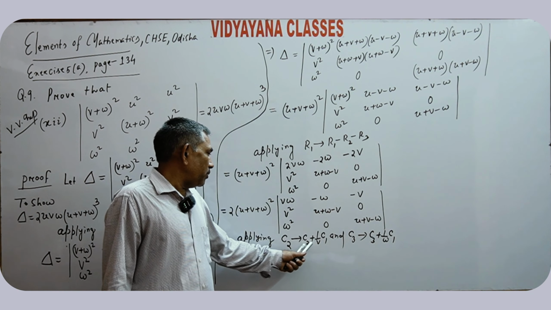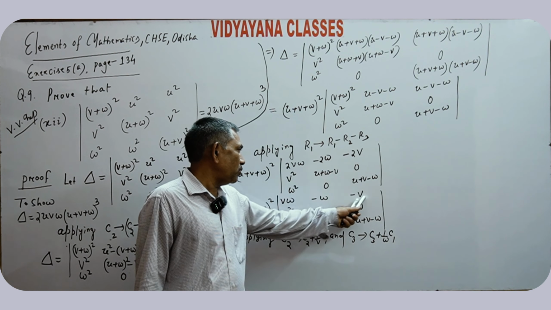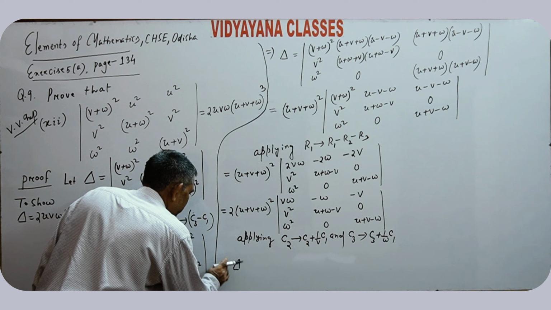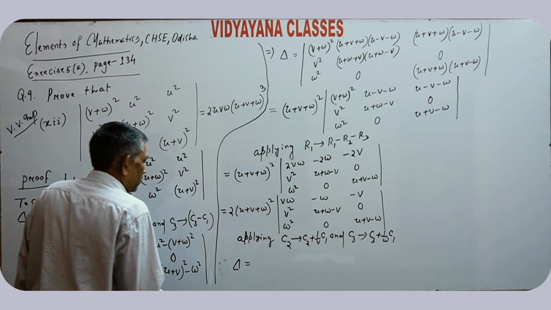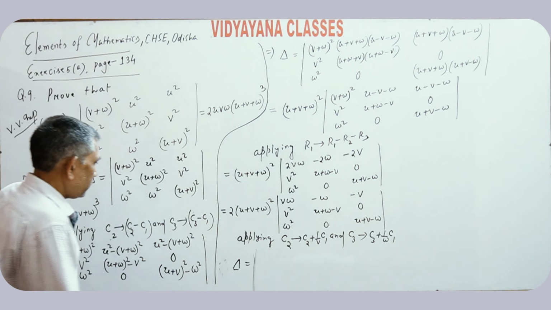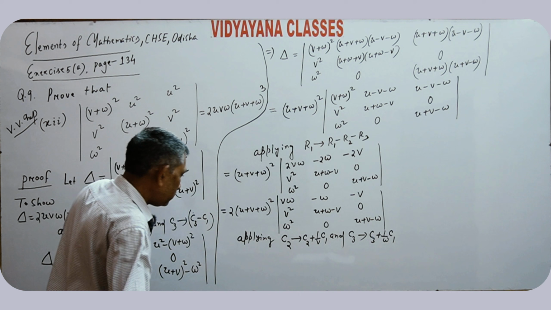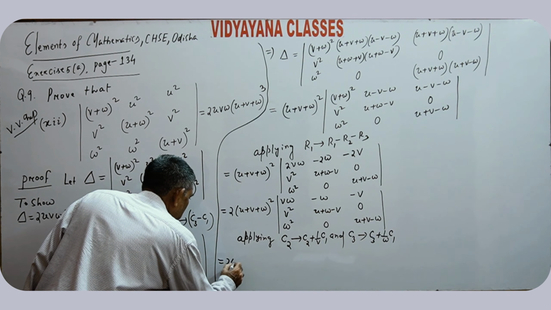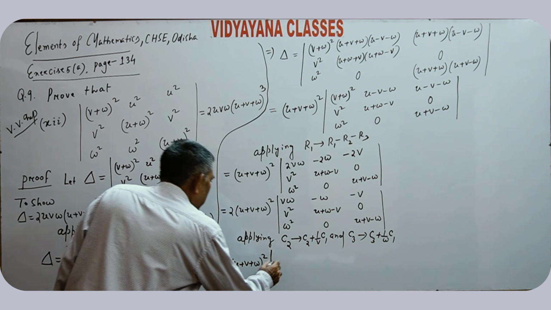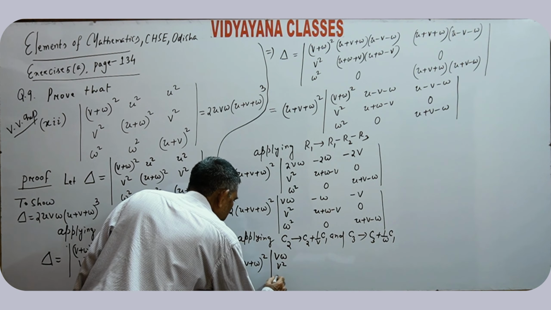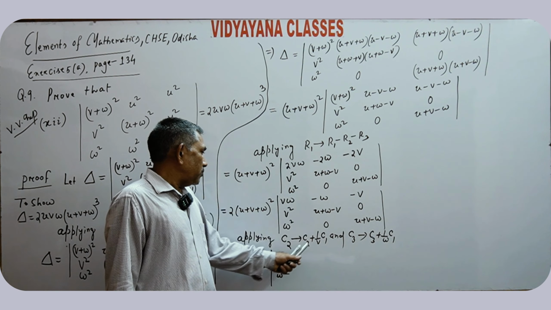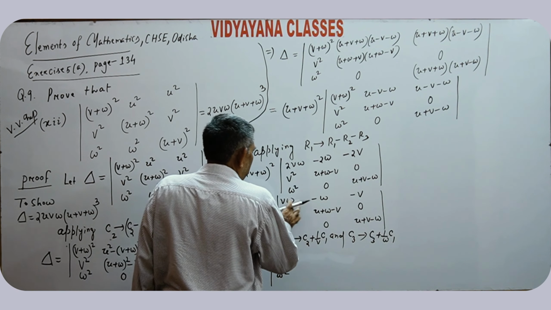Apply C2 replaced by C2 plus 1 by v C1, so that it will be 0, and it is also 0, which is same as del is equal to 2 times (u plus v plus w) whole square, determinant having elements vw, v square, w square. C2 is replaced by C2 plus 1 by v C1, minus w plus w, that is equal to 0.